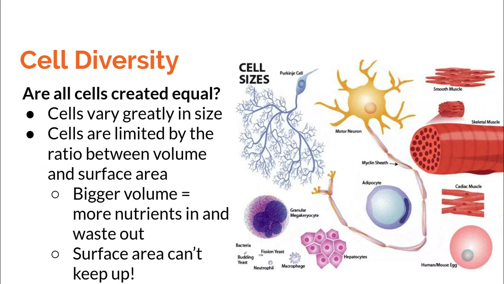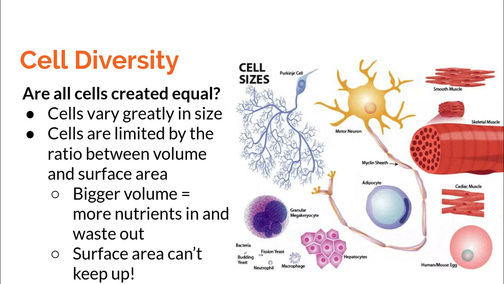So cells are limited by their size, specifically the ratio between their volume and their surface area. So we need to compare how much volume is inside the cell versus its surface area. How much space is on the outside of the cell?